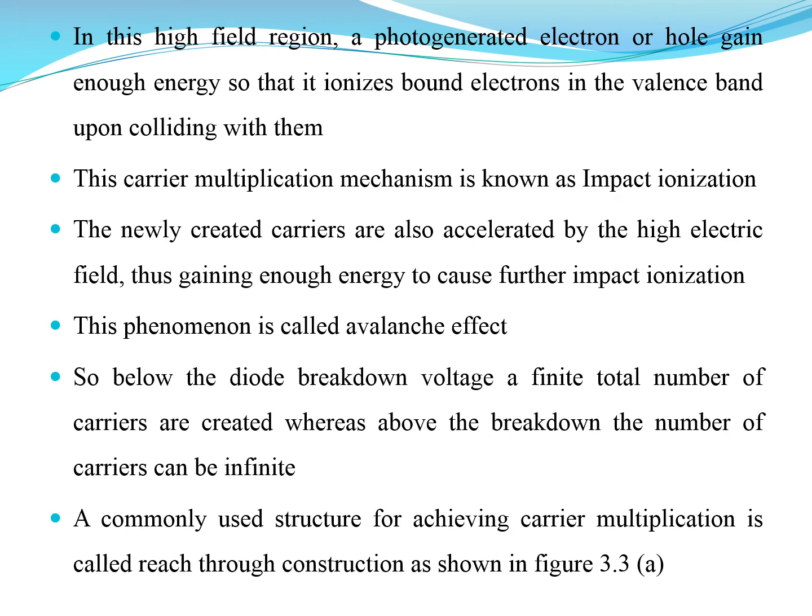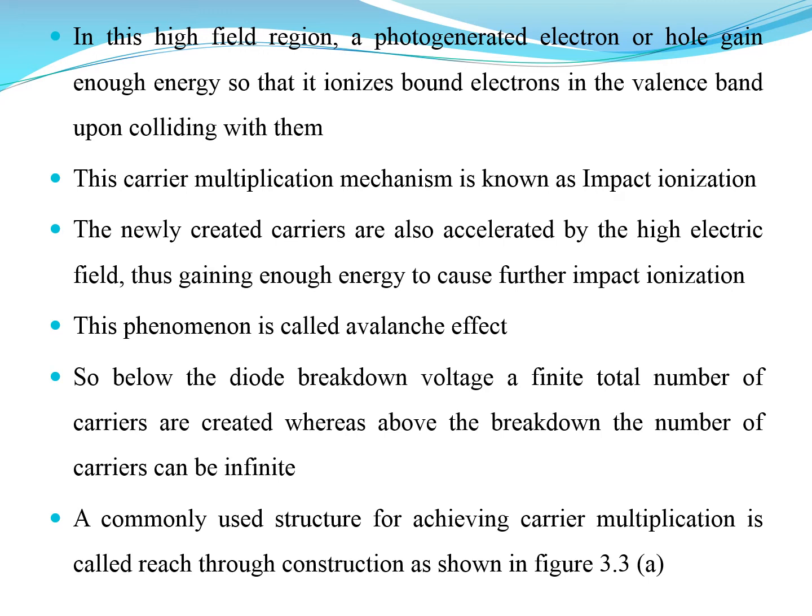So in this field region, a photo-generated electron or hole will gain enough energy so that it ionizes the bound electrons in the valence band upon colliding with them. The photo-generated electron or hole gets enough energy due to the high field produced here.